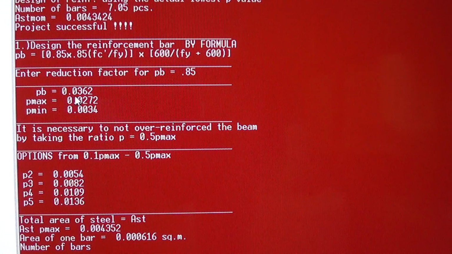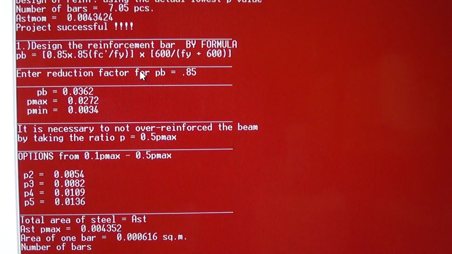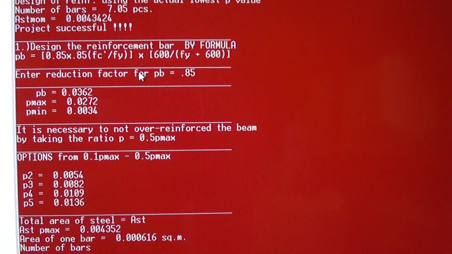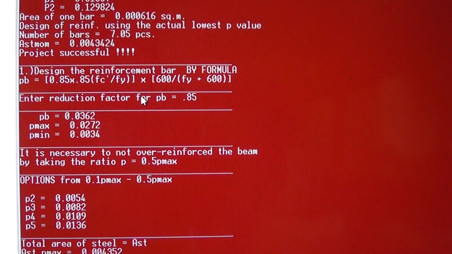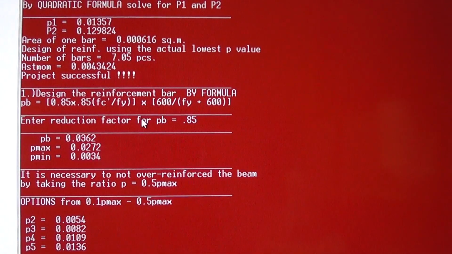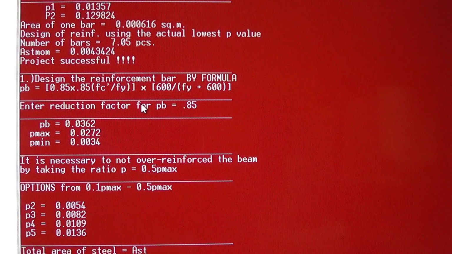By formula we get about the same as by the theory right there, right here, 1357.